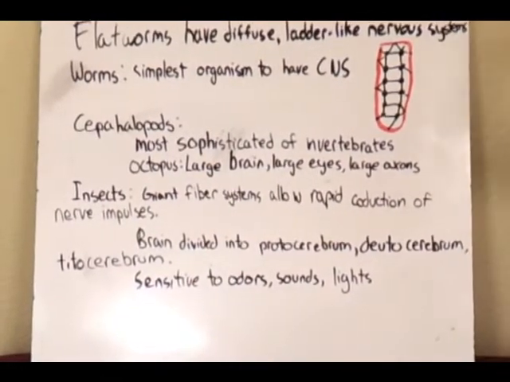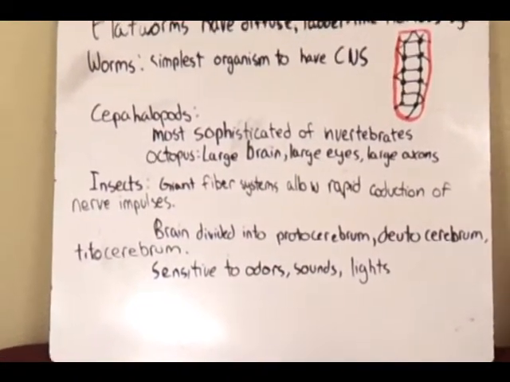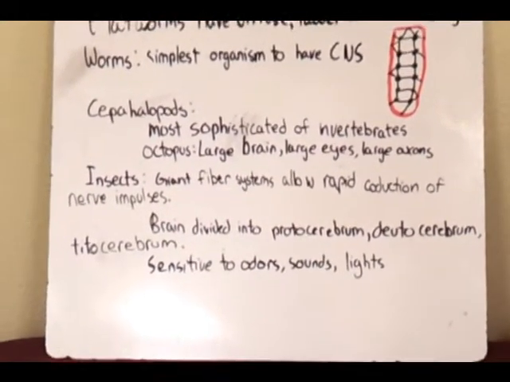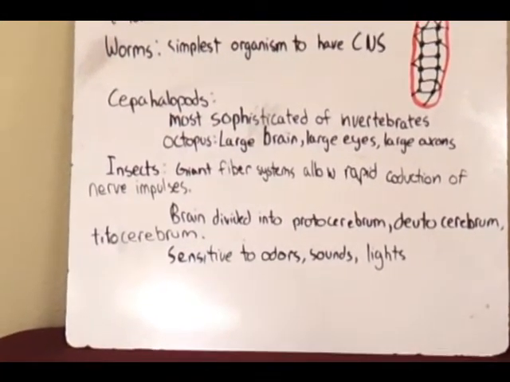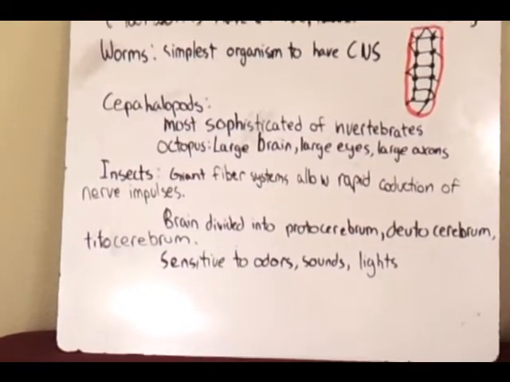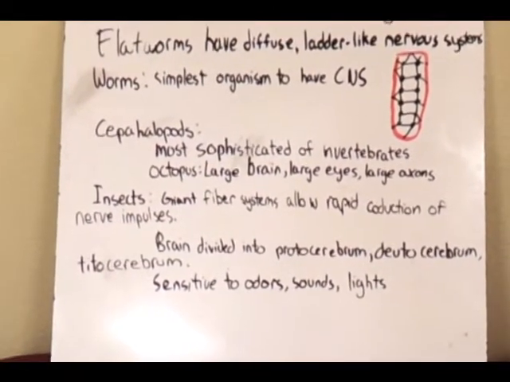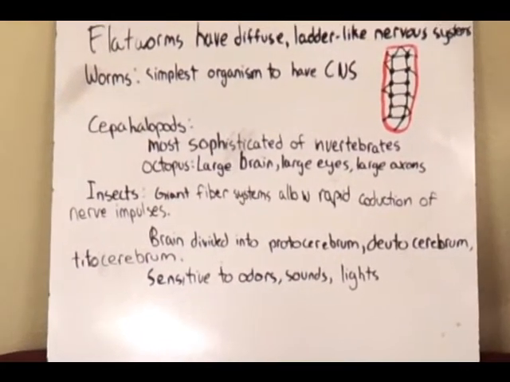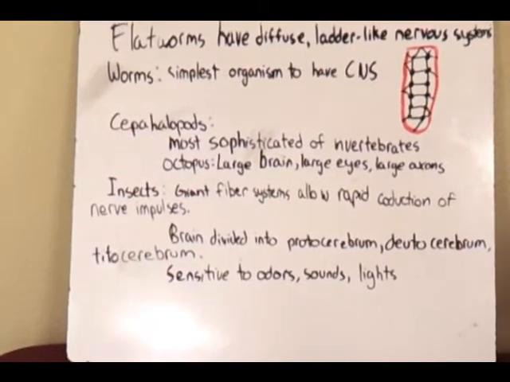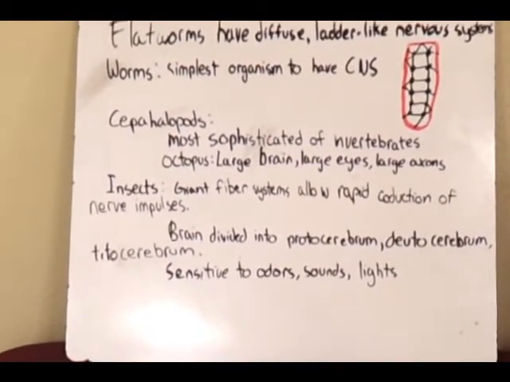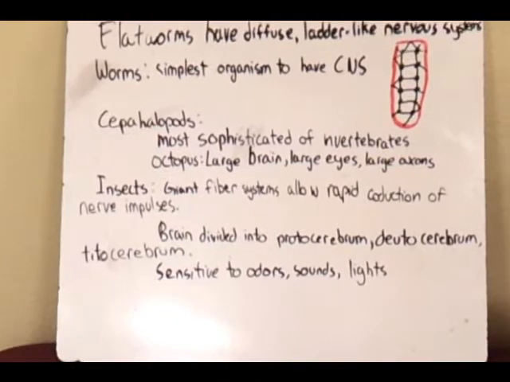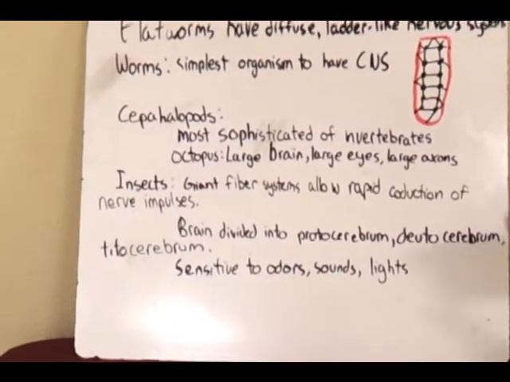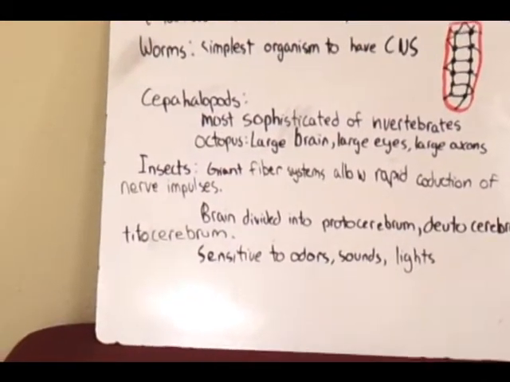Insects have a giant fiber system which allows rapid conduction of nerve impulses, so they can do a lot of things in a very short time. The early brain was divided into different parts: the protocerebrum, the deutocerebrum, and the tritocerebrum. And they're sensitive to odors, sounds, and lights.